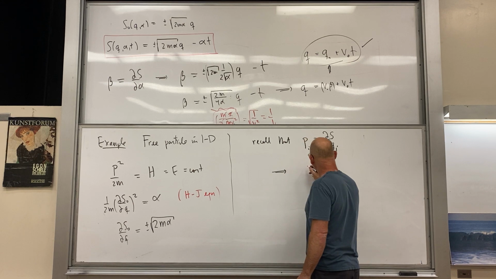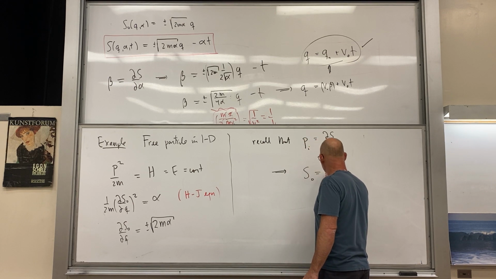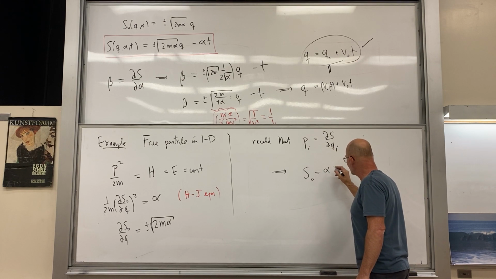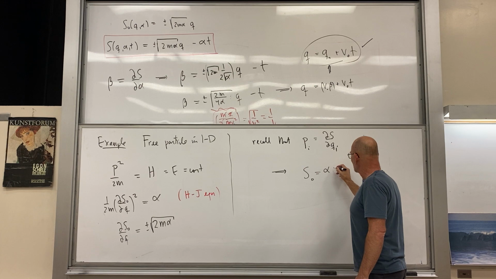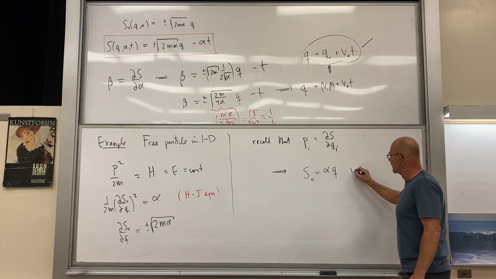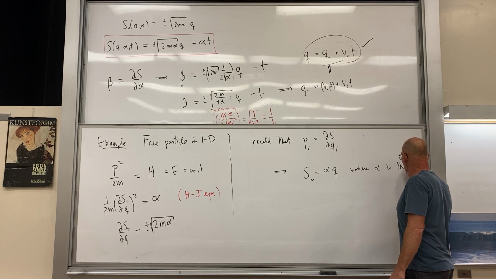We can write S naught is simply equal to alpha Q, where alpha is the conserved momentum.